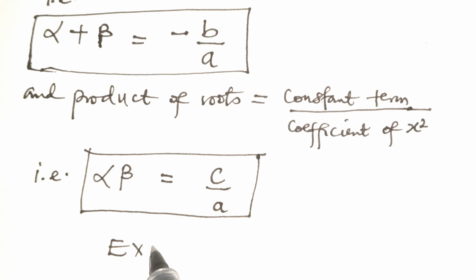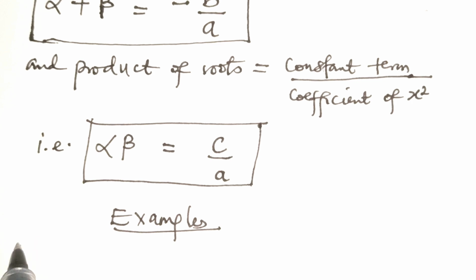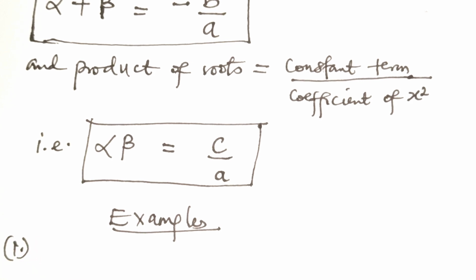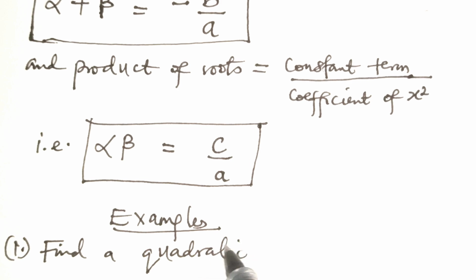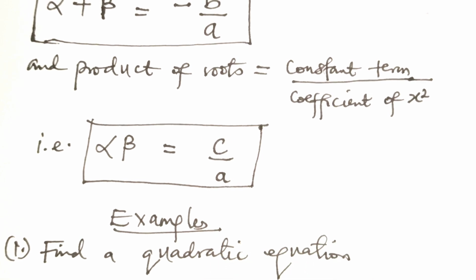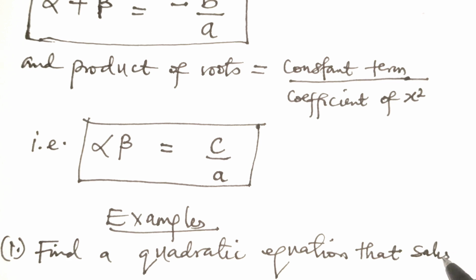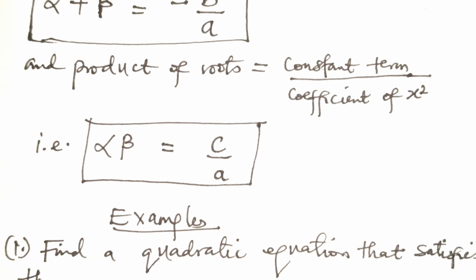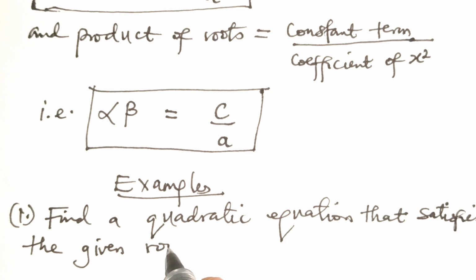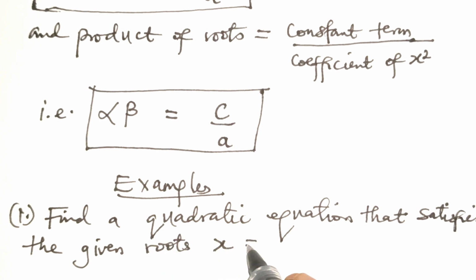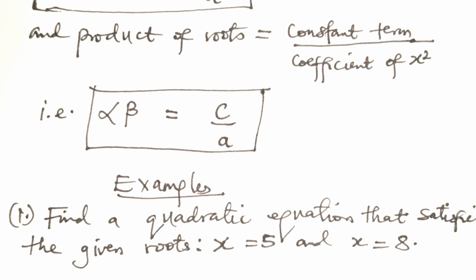Examples. Number 1. Find a quadratic equation that satisfies the given roots x equal to 5 and x equal to 8.